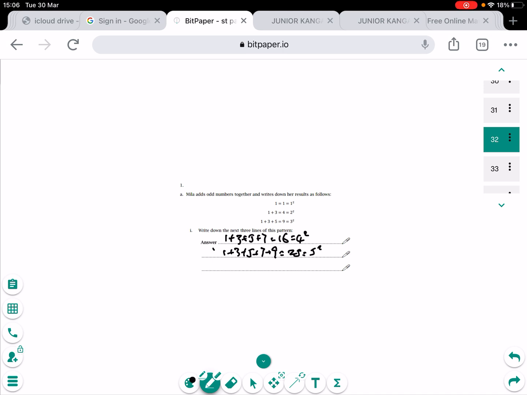Then we need the first 6 odd numbers: 1 plus 3 plus 5 plus 7 plus 9 plus 11 equals 36, equals 6 squared.